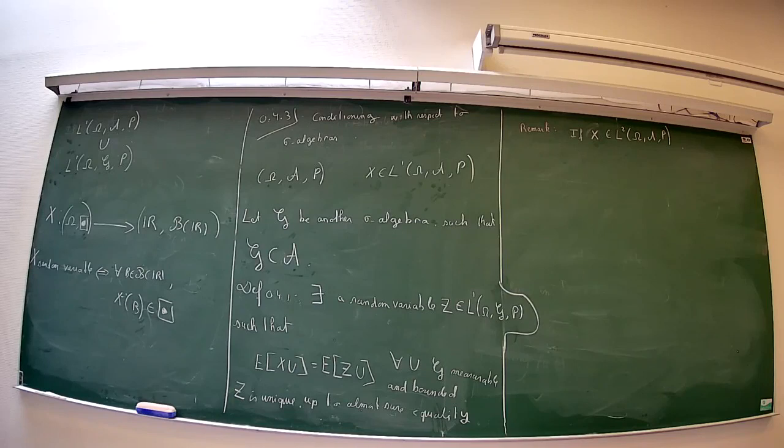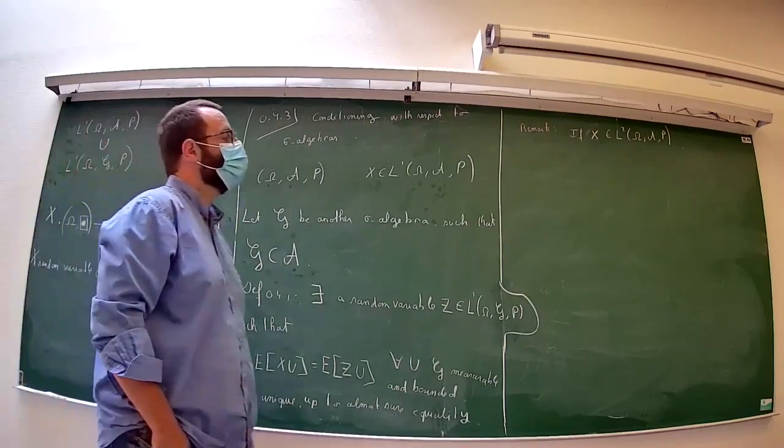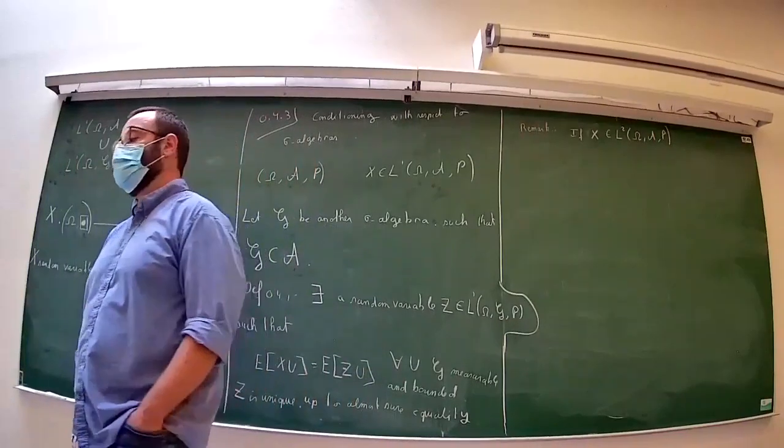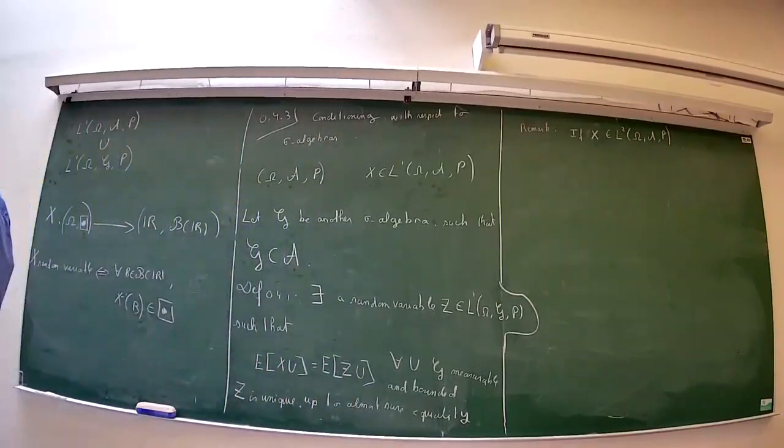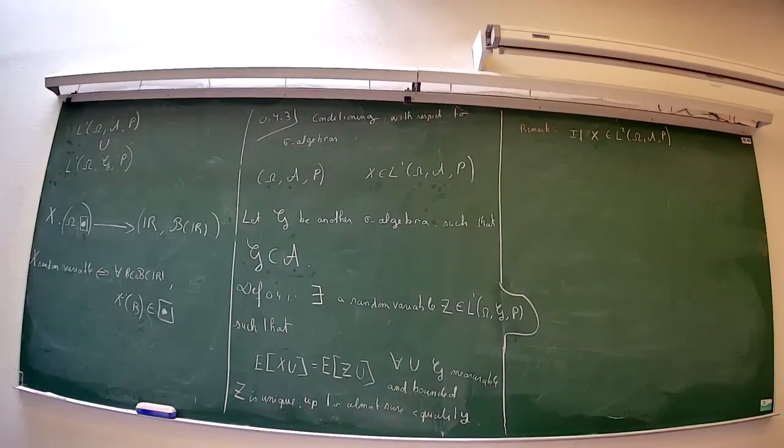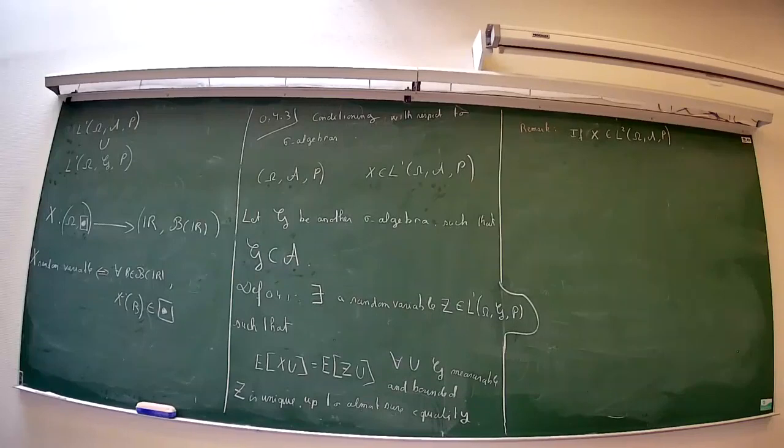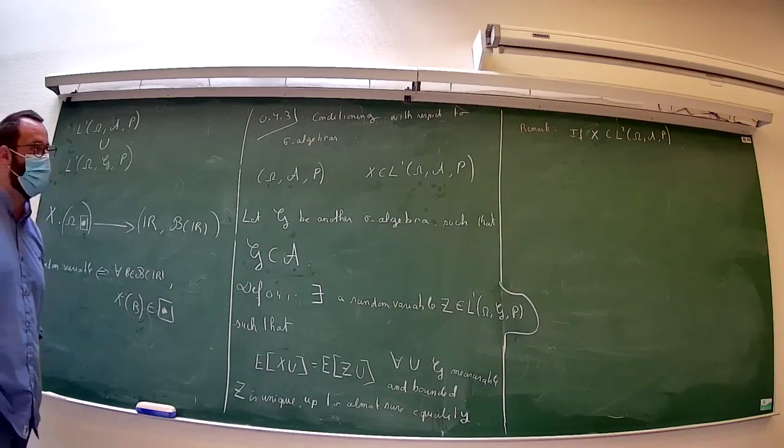What do I have in L2 as a structure that I don't have in L1? The second order moment being finite is not what I have in mind here.